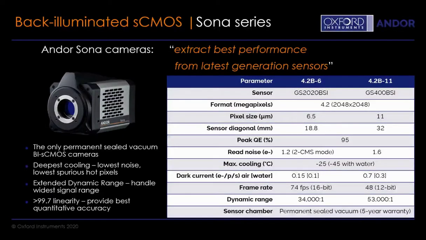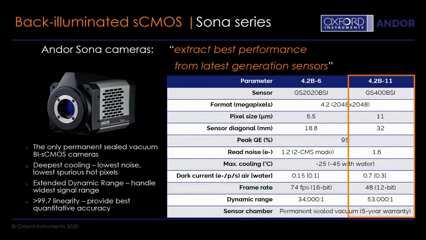The GS400 BSI sensor is the one that has been discussed in this work, and we can see just from comparing the specs in these, the Sona 4.2 B-6, which uses that 2020 BSI sensor, it has a smaller pixel size, but it's also low noise and high speed, so that's a very flexible camera, and it's the same sensor format as the previous generation of sCMOS cameras, so that's ideal for people looking to upgrade.